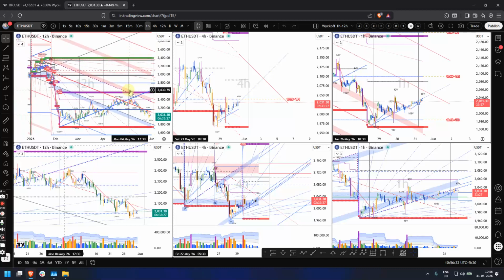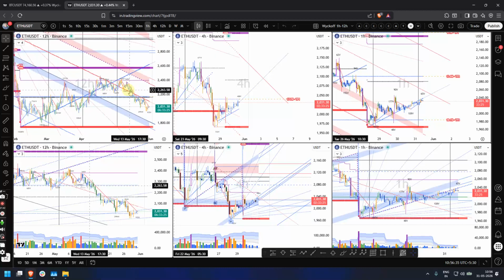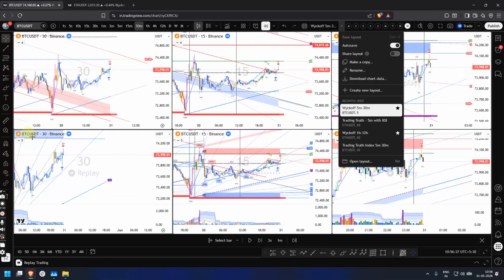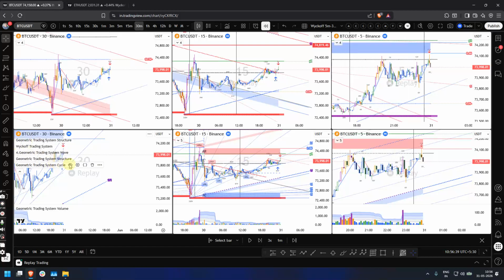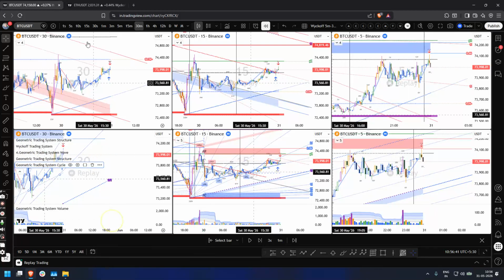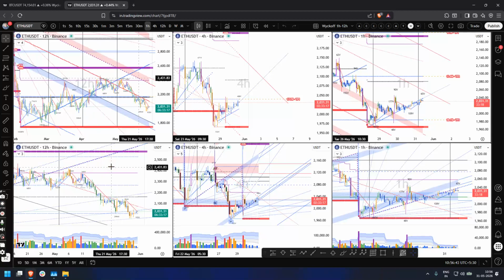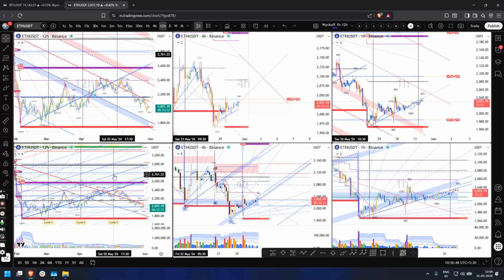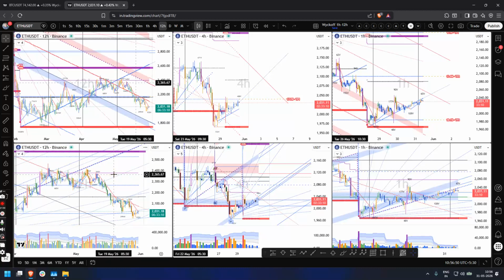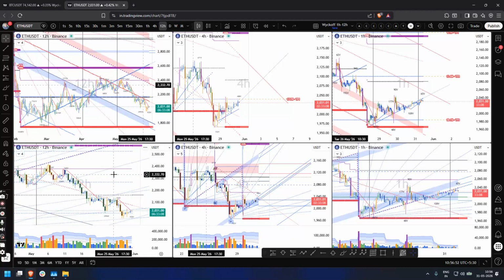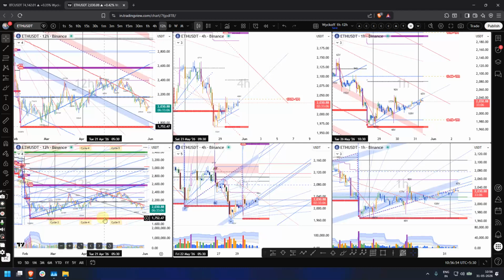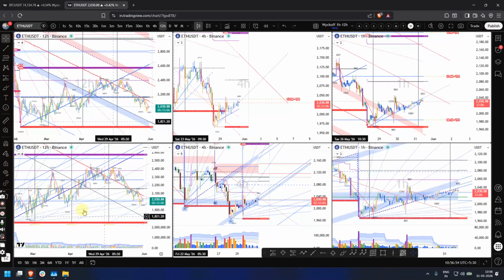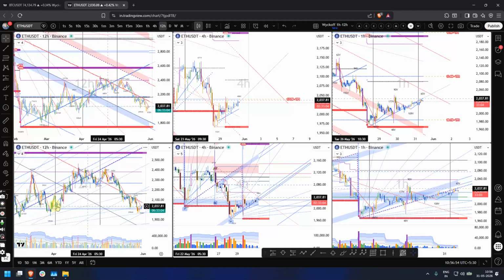Let me actually apply the cycle because it's very useful in this scenario. Do I already have a cycle there? And this support is coming on what?